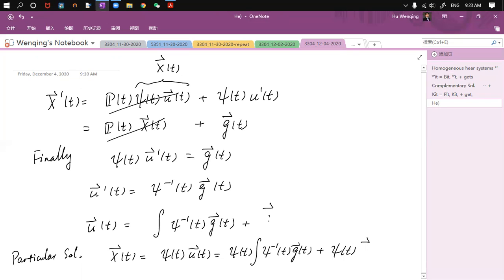So let's say it is a vector c. And if you have cosine t of c, it is nothing but one of the complementary solutions. Is that good, family? Remember, we are just going to look for one particular solution. We don't worry about any additional complementary solutions because they are not going to alter this equation.